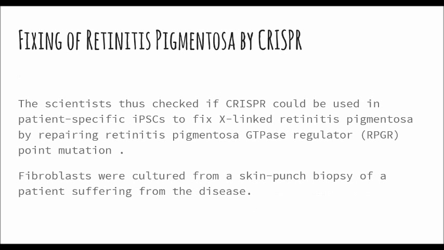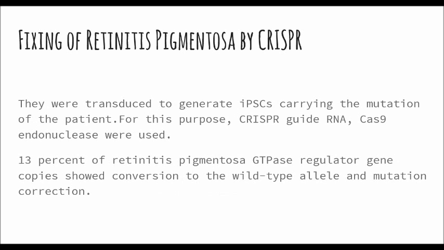The scientists thus checked if CRISPR could be used in patient-specific iPSCs to fix X-linked retinitis pigmentosa by repairing the RPGR point mutation. Fibroblasts were cultured from a skin punch biopsy of a patient suffering from the disease. Next, they were transduced to generate iPSCs carrying the mutation of the patient.